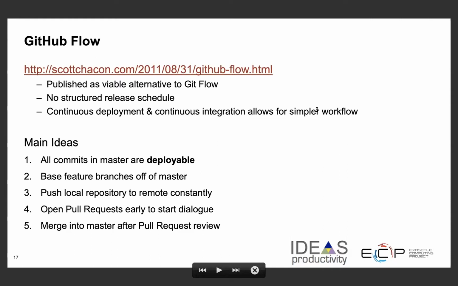It's very good for teams who have a culture of pushing code to production machines every day, constantly testing and deploying code. Some companies, for example GitHub, that's why the name is GitHub Flow, use this process.